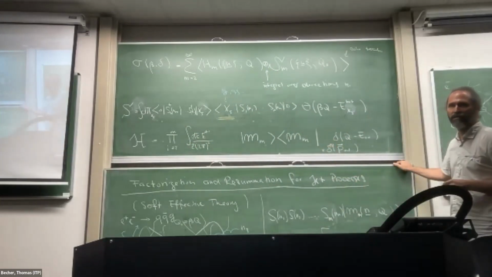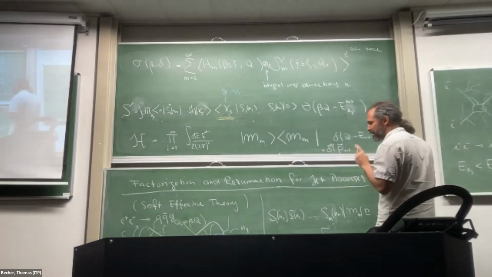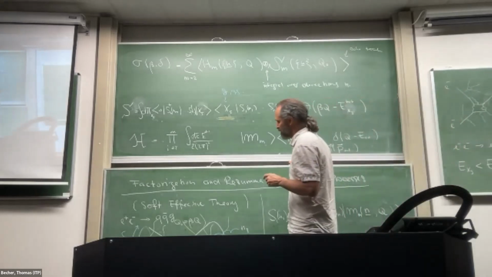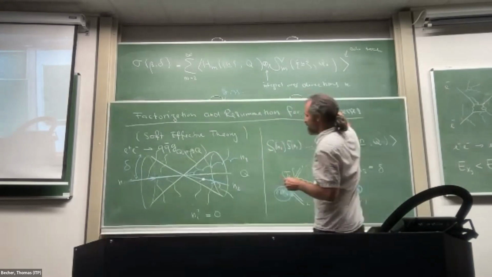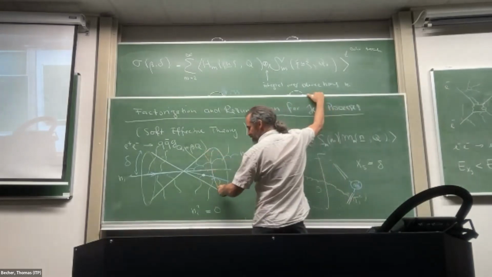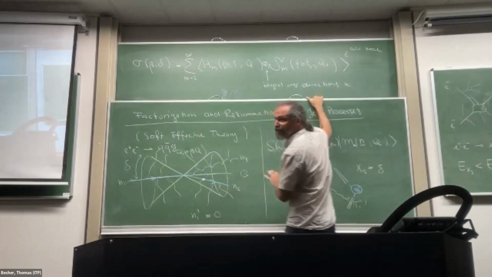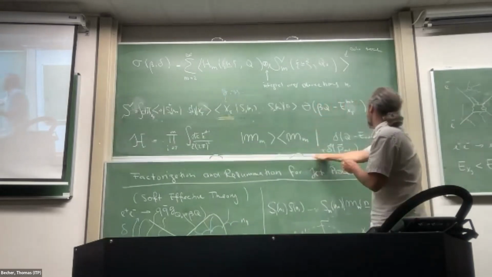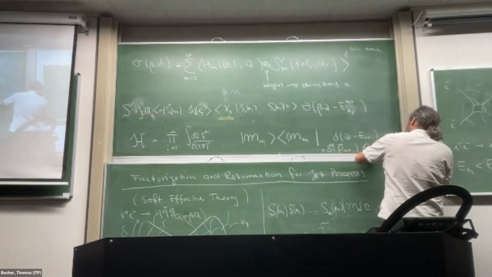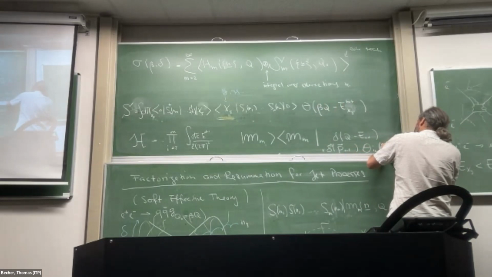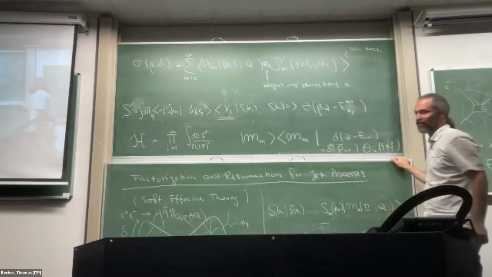So the total momentum of this is 0. And then there's a last constraint. The last constraint says that the partons have to stay inside the jet. The hard partons are not allowed to go out. So there's a theta function which depends on these directions, so that all the hard partons have to stay in the jet.